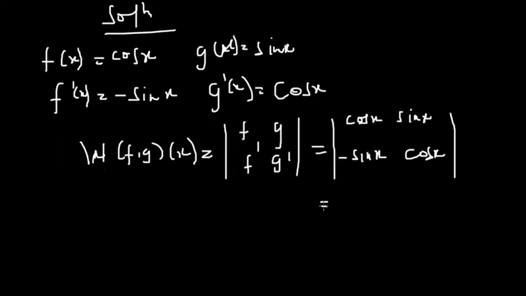We have cos x multiplying cos x, which gives cos squared x, minus sin x multiplying negative sin x, so we have positive sin squared of x.